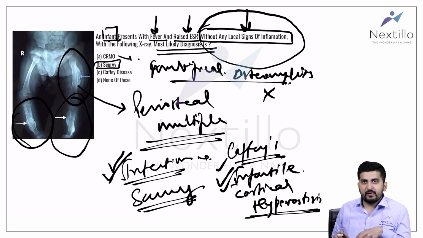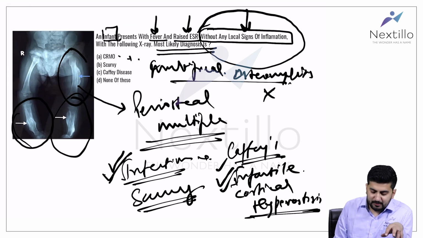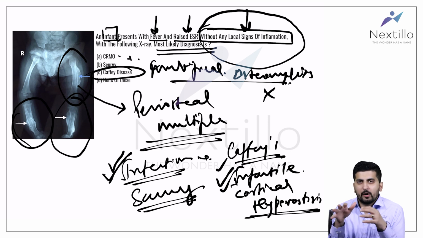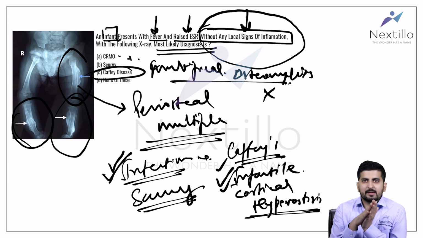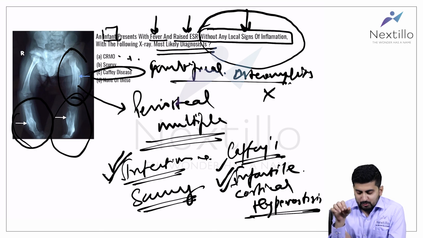So we are left with the best option, which happens to be Caffey's disease, because in infantile hyperostosis, the patient can present with tenderness at the site, the patient can present with fever, the patient can present with raised ESR count, but there are no local signs of inflammation. So the best answer in this scenario is Caffey's disease.